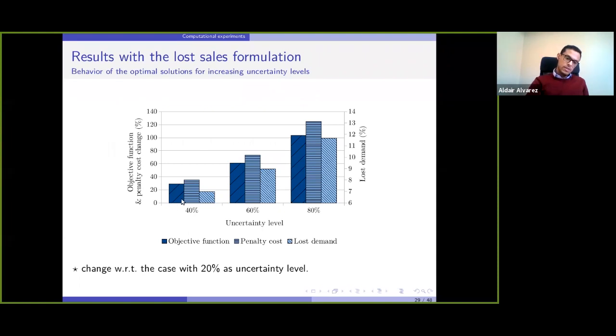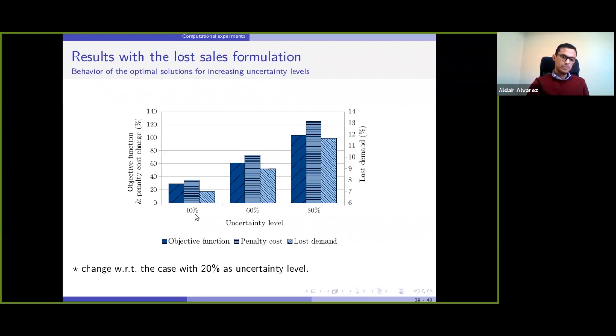So these are the first 2 columns of each set. They show the increase of the objective value, the cost of the solution basically, and the penalty cost associated to the solutions, the increase with respect to the case with only 20% as uncertainty level.